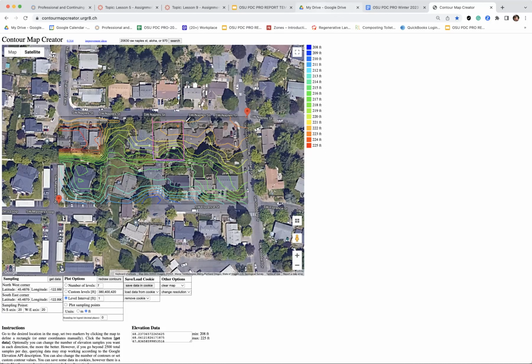All right. So again, we're starting at the low point, and now, because we have a little better resolution, we can see so that is kind of what I see on this side of the property.